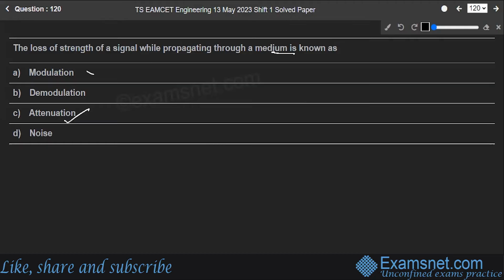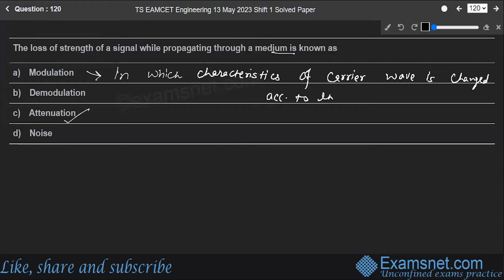And if I talk about the first one, modulation, this is the process in which the characteristics of a carrier wave are changed according to the modulating signal. Right.